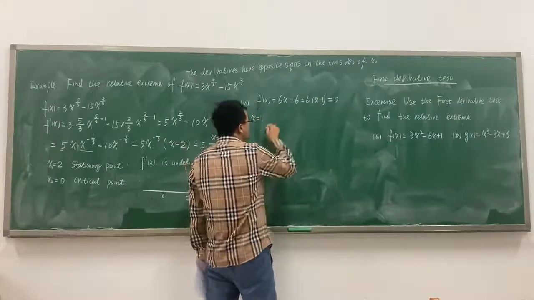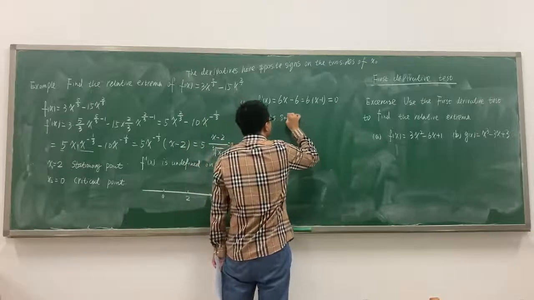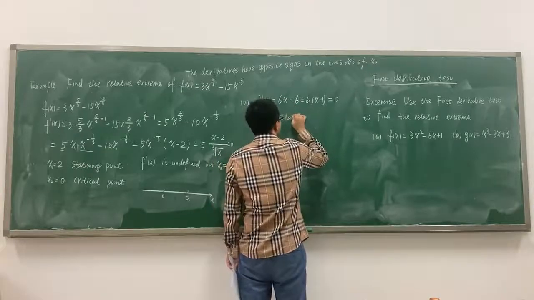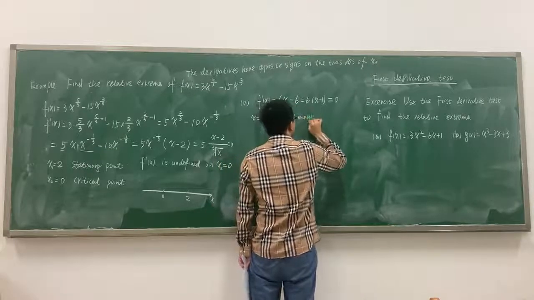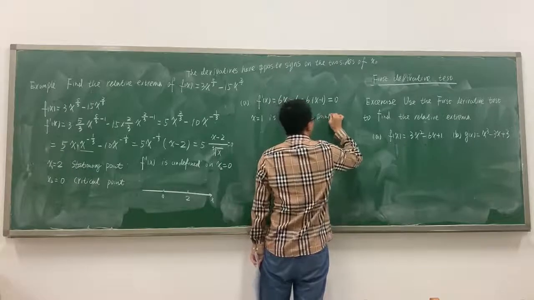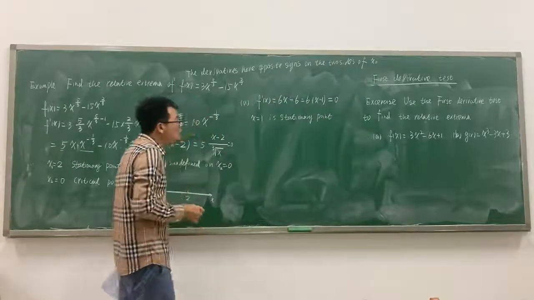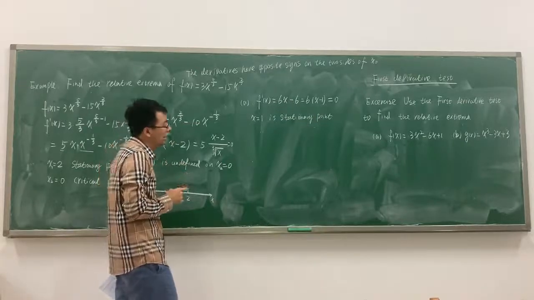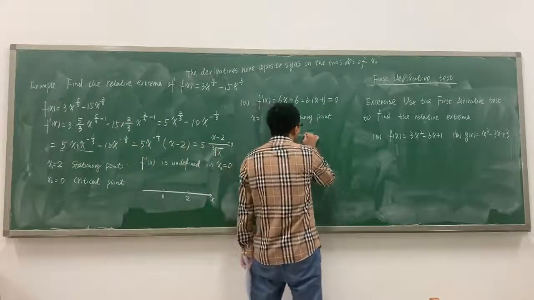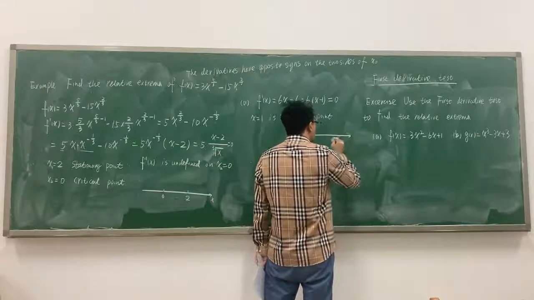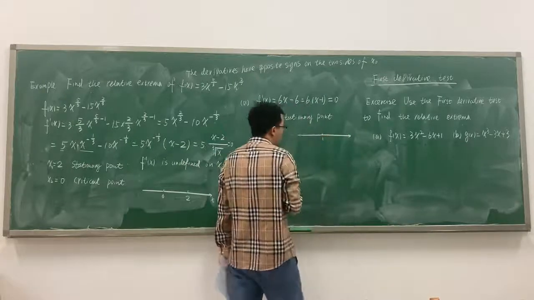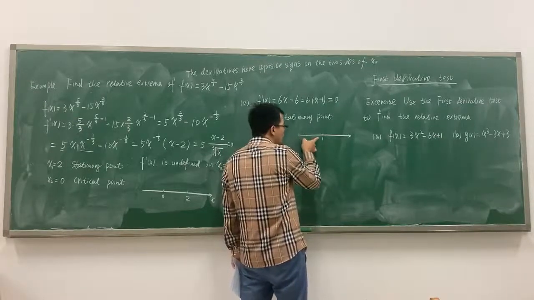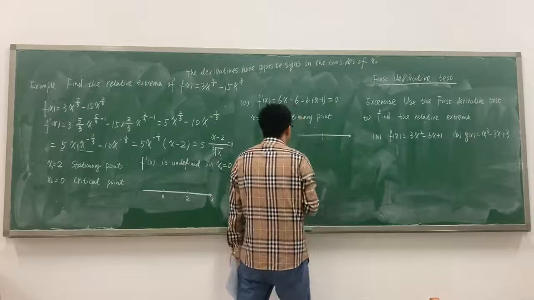x equal to 1 is the stationary point. So now we need to see on the left of 1 and on the right of 1. So here is 1, so we need to see two intervals. The first is minus infinity to 1, the second is 1 to plus infinity.